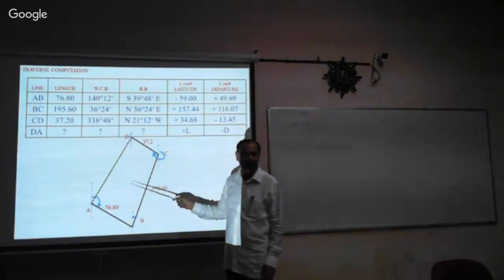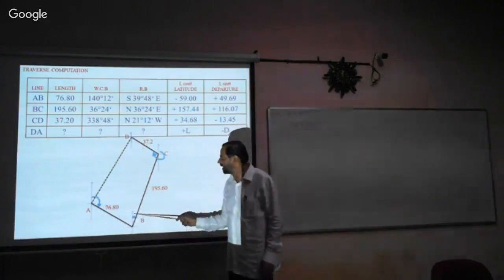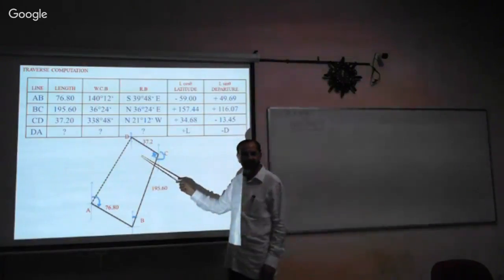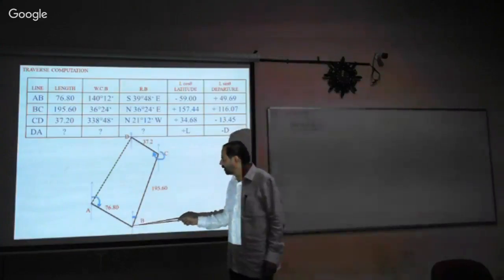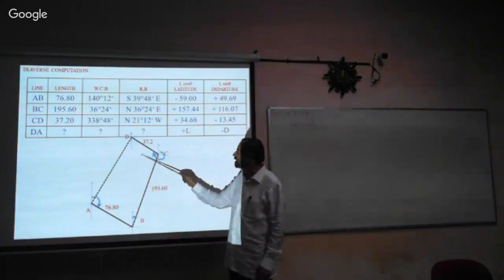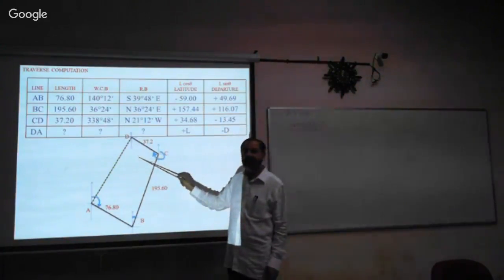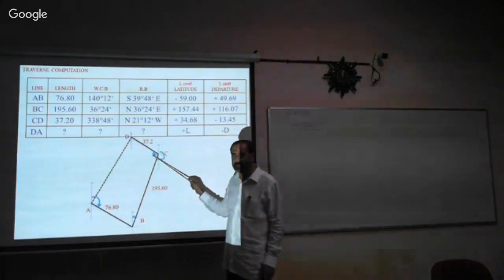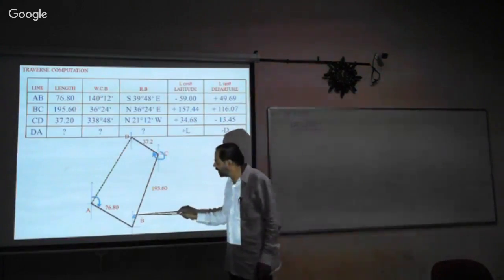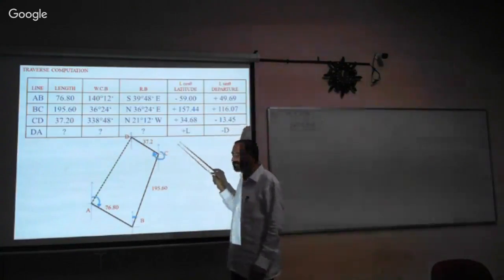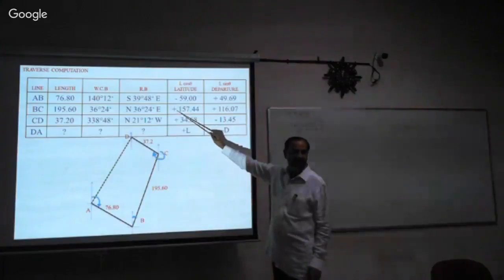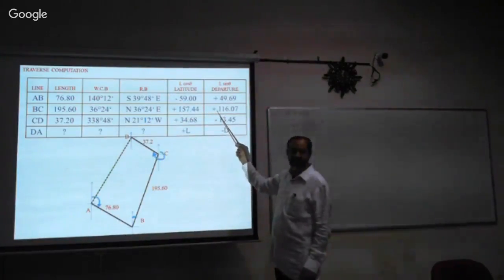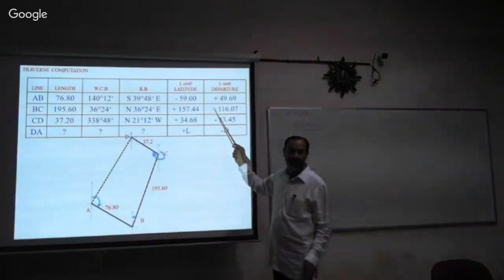When it is lying in the first quadrant, latitude is measured in the north direction and departure is measured in the east direction. Therefore, north is positive, east is also positive. You agree with me?